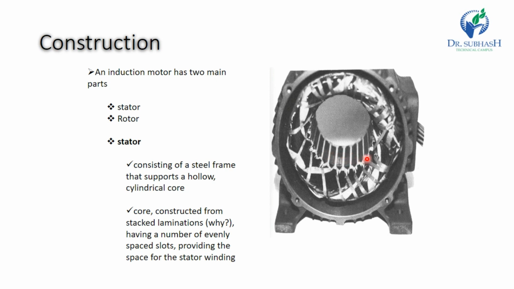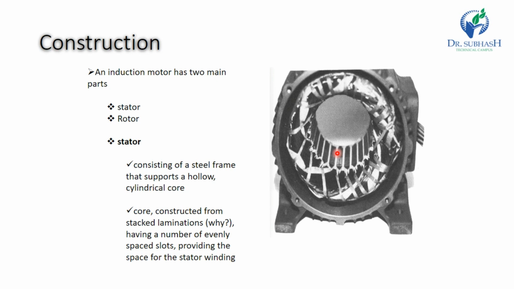Here we see that the slot may be open type, closed type, or semi-enclosed type. Generally, a closed type slot has a higher value of flux transfer, or we say a higher magnetic loading, but there is less cooling effect, and maintenance is very poor.